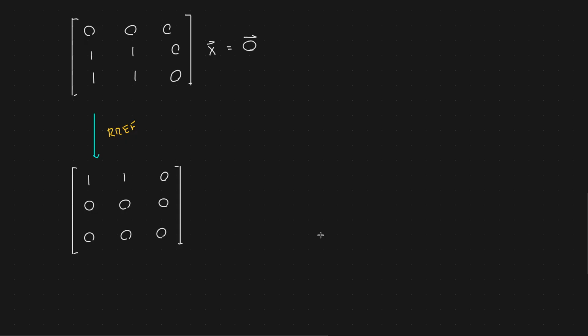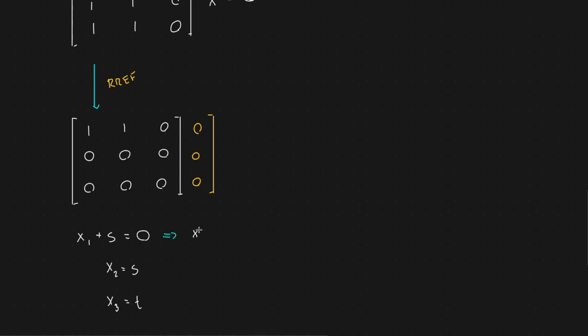Notice I'm going to have two free variables. x2 and x3 both correspond to free variables, since neither of them has a leading entry. So if I imagine the system with the zeros on the other side, x2 and x3 are both free variables. Let's call them s and t. For x1, I get 1 times x1 plus 1 times x2, so plus 1 times s, since x2 is equal to s, plus no x3s, equals 0.